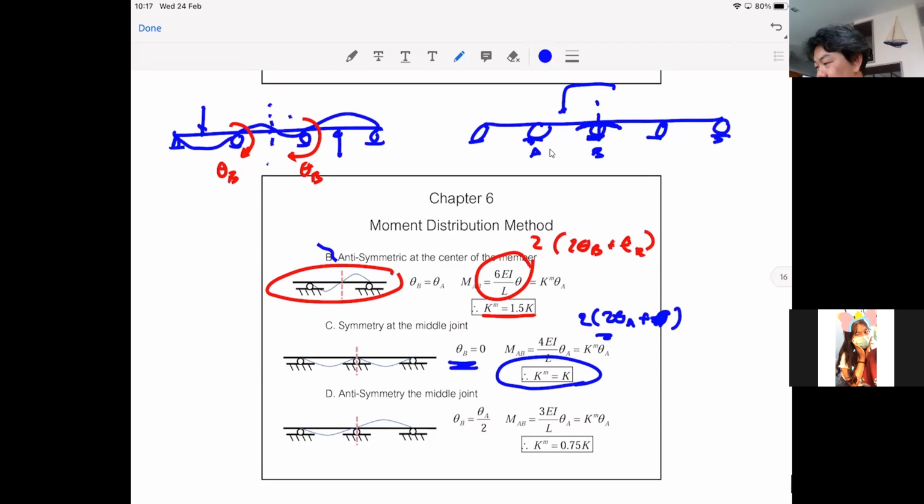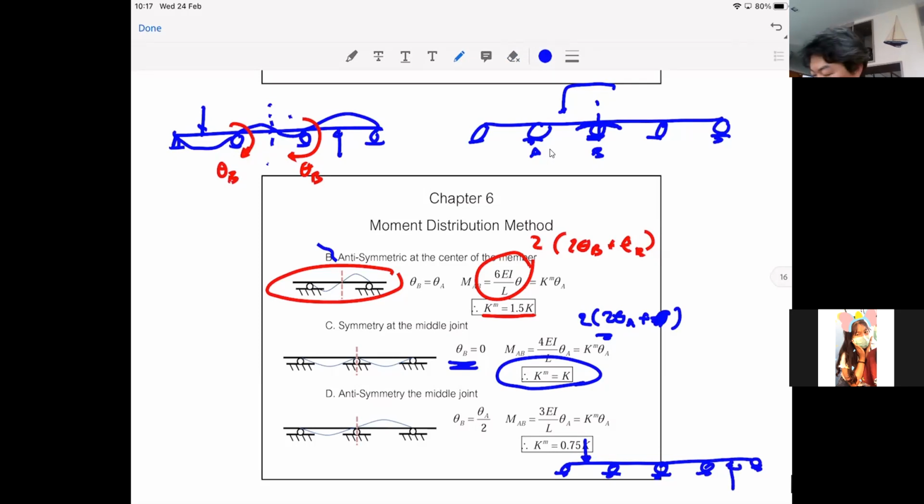Okay, now it's the last one. If it is anti-symmetric, let me take advantage of this picture. I can draw another one for you. Let's use that as my line of symmetry. And likewise, for this case, we have this kind of loading.